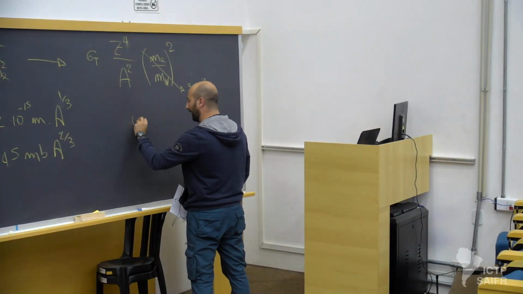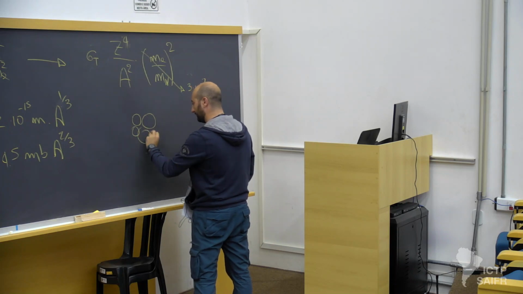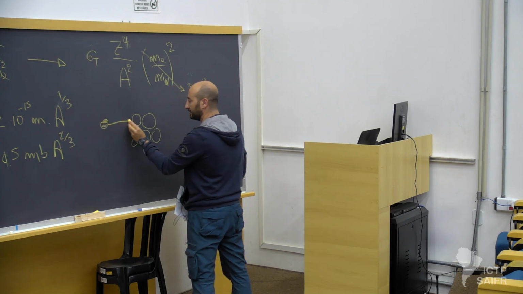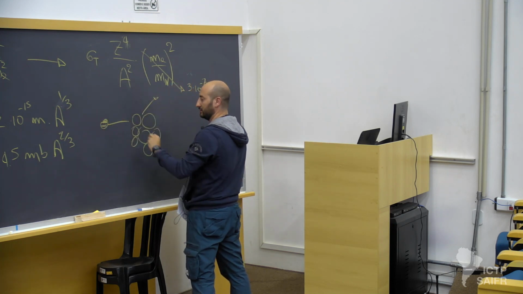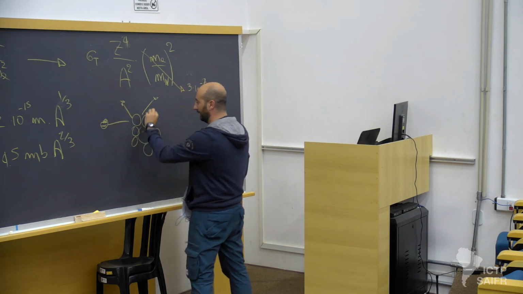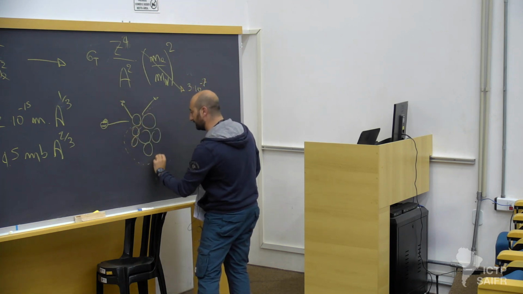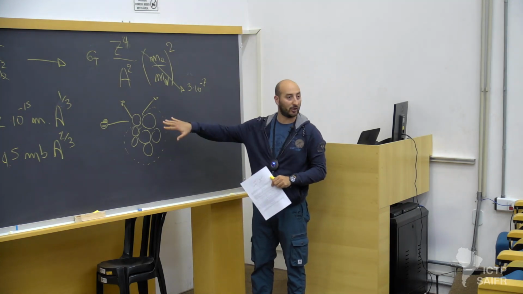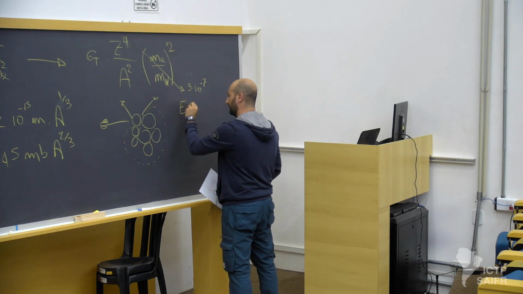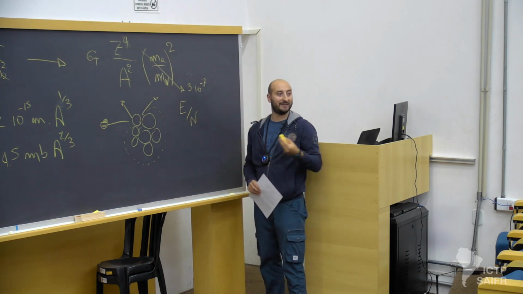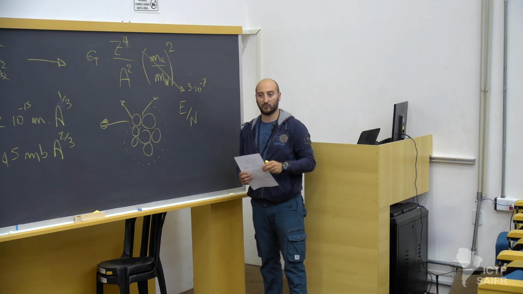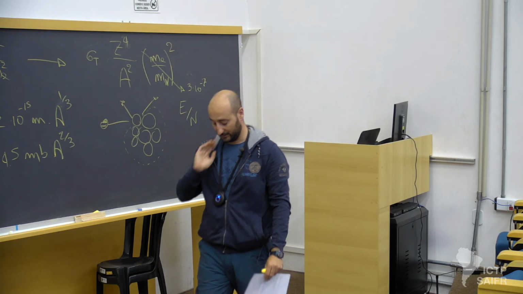And if this is the case, imagine you have a collection of balls, and your particle enters, kicks this one out, bounces back, and then the rest remains more or less unchanged. So effectively, in these processes, the energy per nucleon remains roughly constant. And this is a property that even Pasquale mentioned when discussing the boron over carbon phenomenology.